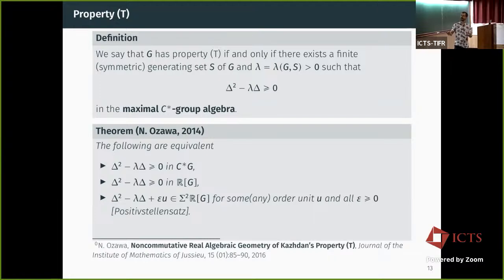And then what he actually proved, what was the most important thing, was that delta square minus lambda delta can be written as a sum of squares as well, up to some small perturbation. Okay? And all of those three conditions are equivalent to each other. Okay? So what is this small perturbation?